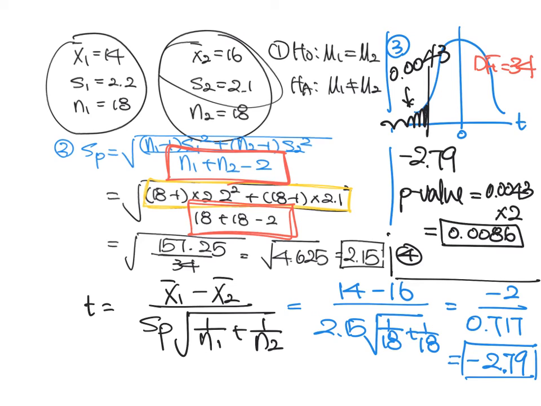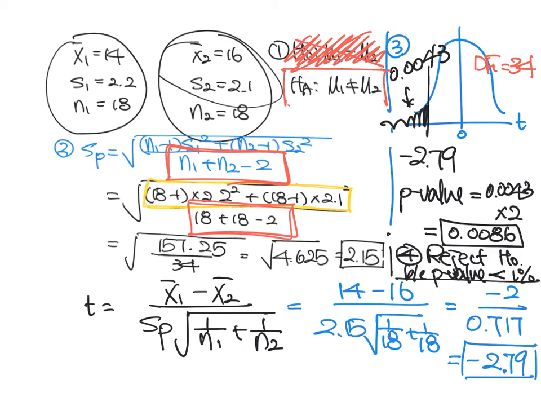The p-value is less than alpha, so reject the null hypothesis, because the p-value is less than 1% alpha. We have to make the conclusion based on the alternative statement, which said they are different.